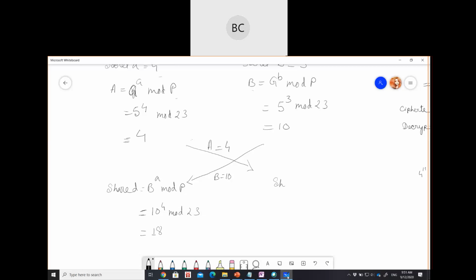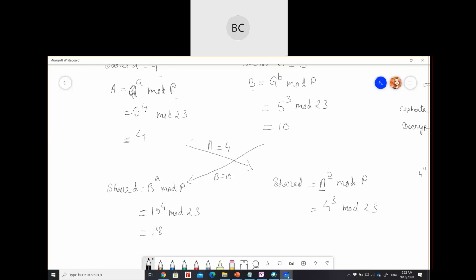Here the shared key is again the same. It will use the received key, which is A, and its own secret key, which is B, and just use the modulus function, which is P. So this is the received key, this is its own secret, and this is mod of P. The received A is 4, its own secret is 3, and mod 23.